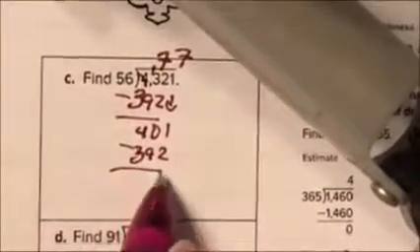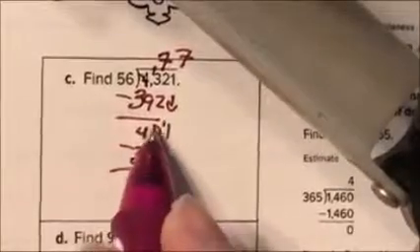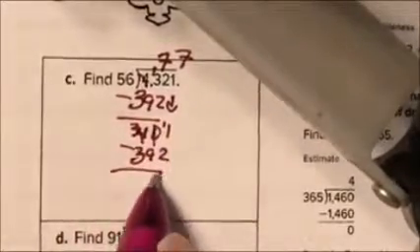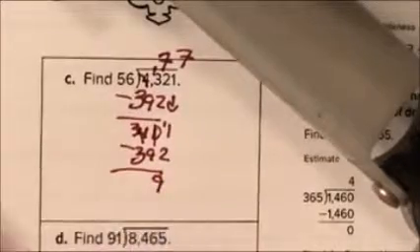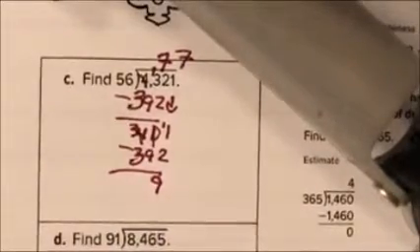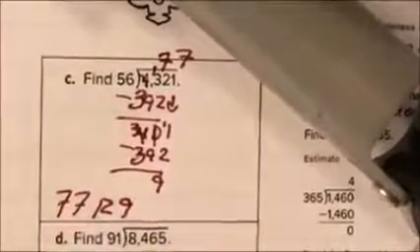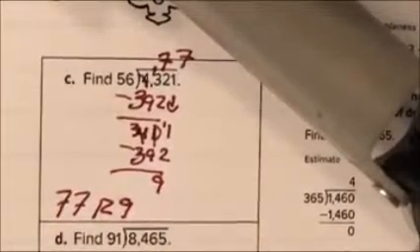So I'm going to get 392 when I multiply, and I borrow. 11 minus 2 is 9. So I get a remainder of 9. So 77 remainder 9 is my answer.